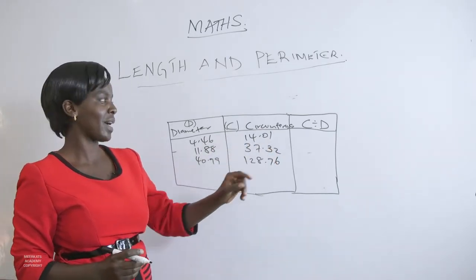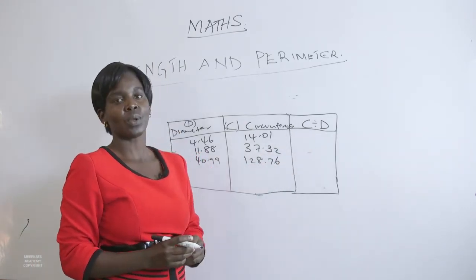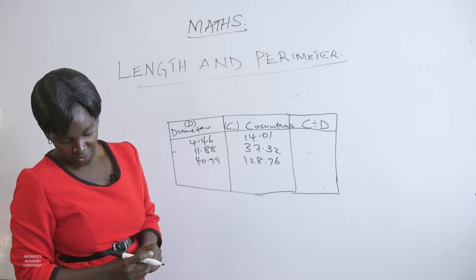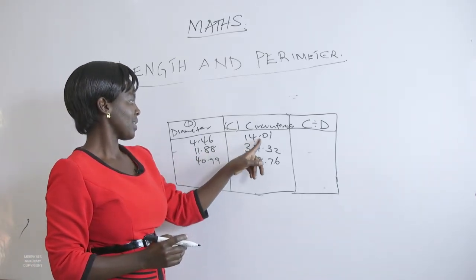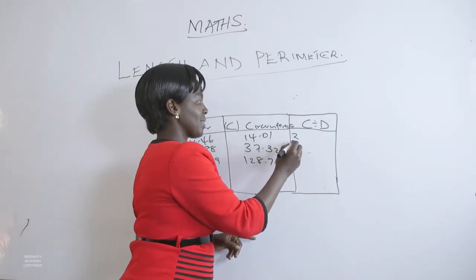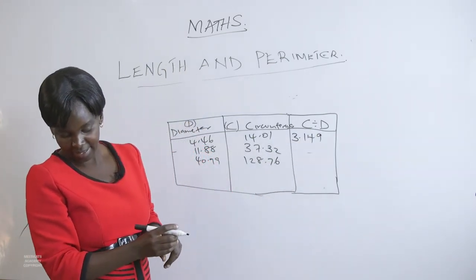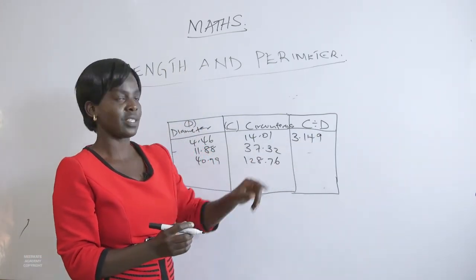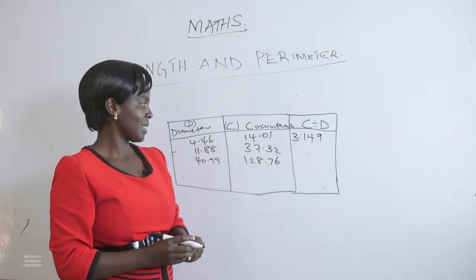Then we are supposed to calculate the circumference divided by the diameter. What do we get? You realize that if we calculate circumference divided by the diameter, we'll get 3.149, and it continues with the calculator, with so many decimal places.